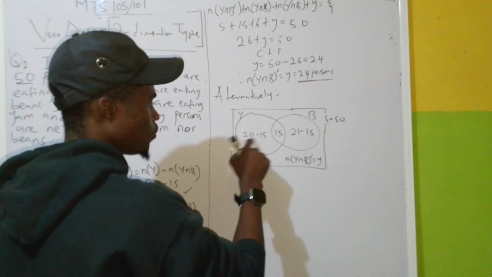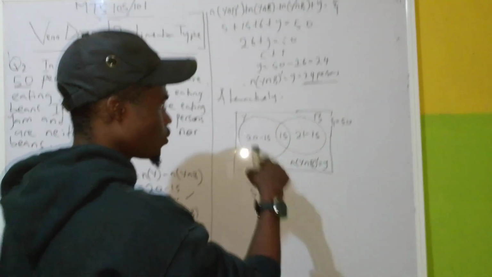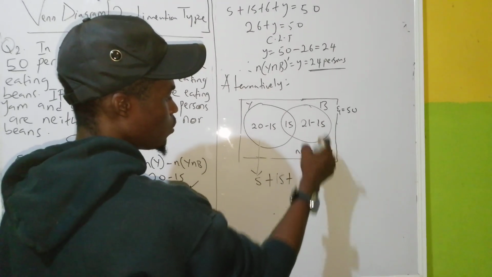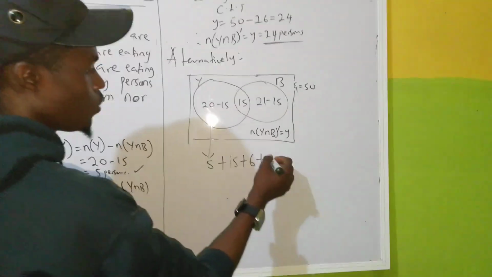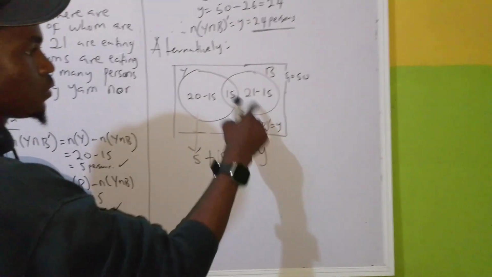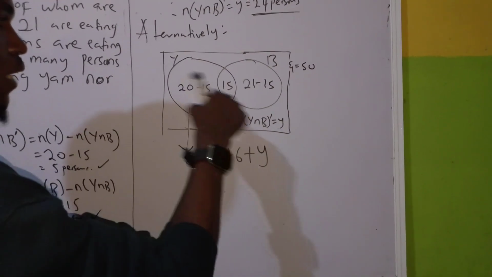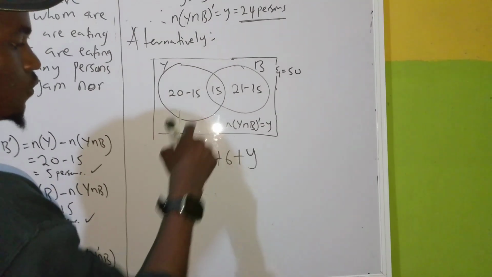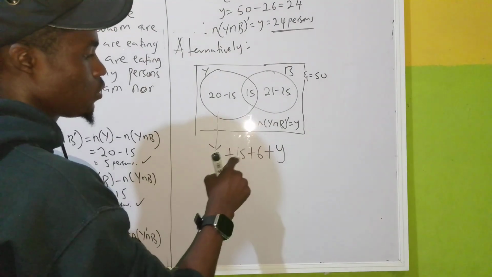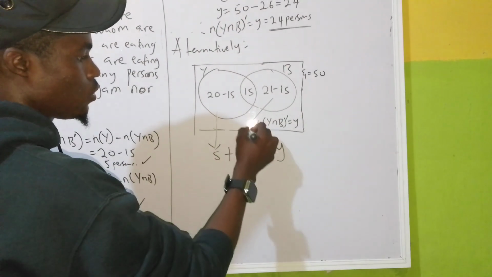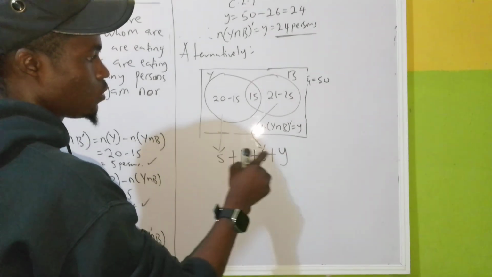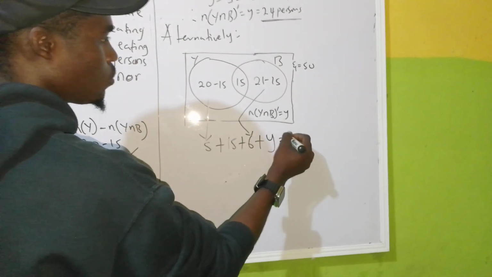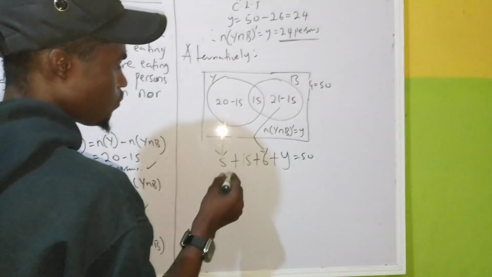This one is 5, plus 15, plus 21 minus this, which is 6, plus the one outside the oval. Everything inside the box, if you add together, must give you this. So this one is 5 plus this plus this one plus this one equals to 50.